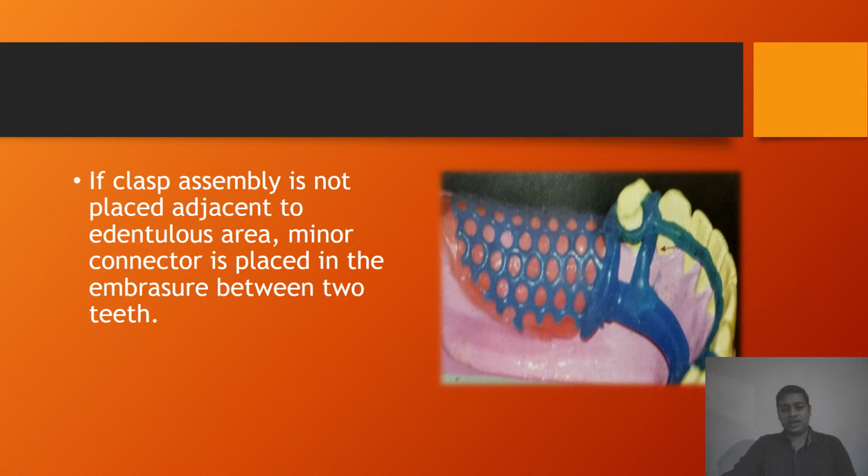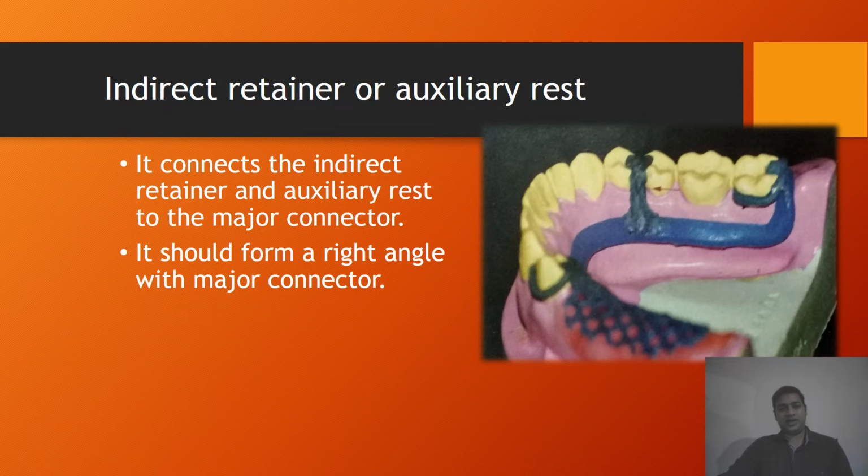Indirect retainer or auxiliary rest minor connector. An indirect retainer or auxiliary rest is usually given in cases of Kennedy's class 1 or class 2 situations. In the picture it's a class 2 situation. There is a unilateral edentulous area, and on the opposite side you can see an indirect retainer given between the two premolars.